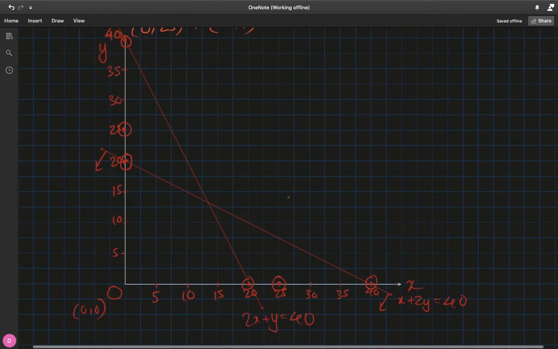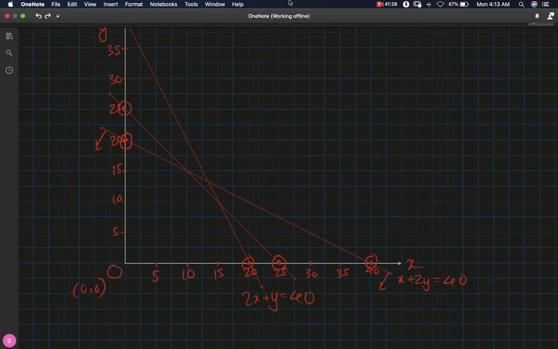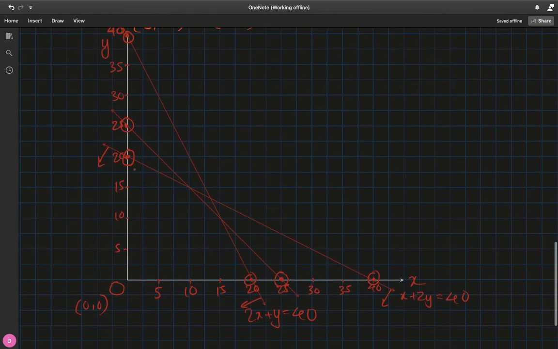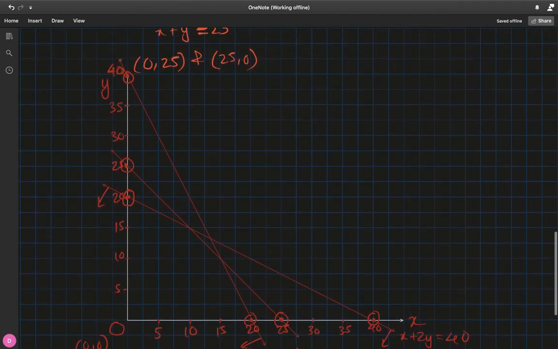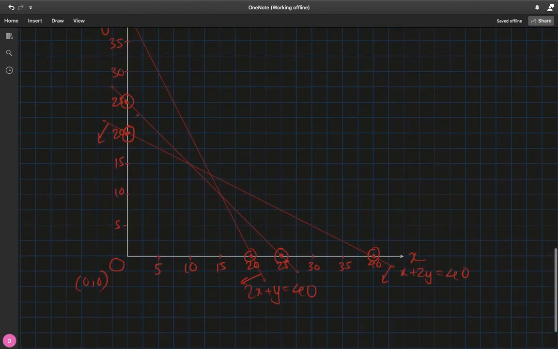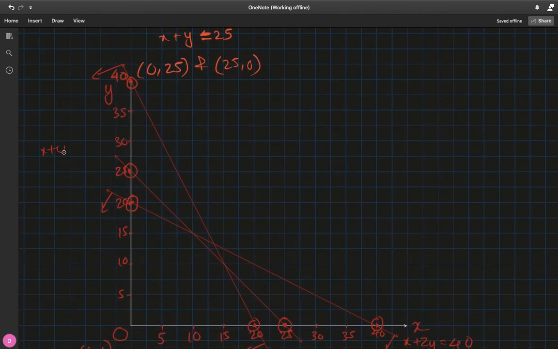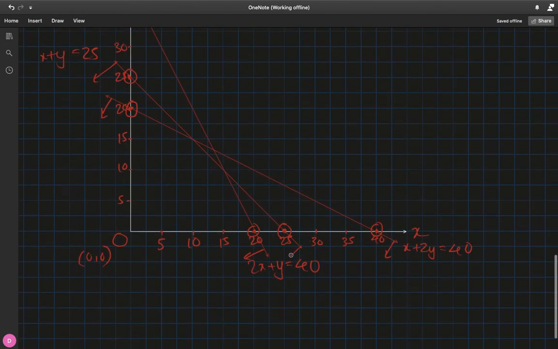So connect them. Okay, and wait, for the previous line it was towards the origin. I forgot to actually mark that. And this new line is x plus y is equal to 25, again towards the origin.